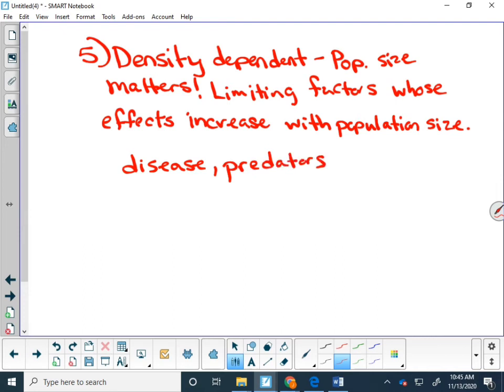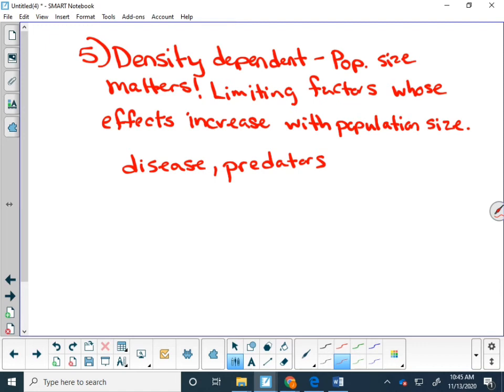dependent factors. With disease, this is what we're dealing with right now. This is why we're trying to say 6 feet apart and wear masks. When you're in closer contact with members of your population, you're more likely to contract and spread disease. And as that disease spreads, it's going to limit the size of your population. It's going to decrease the size of your population.